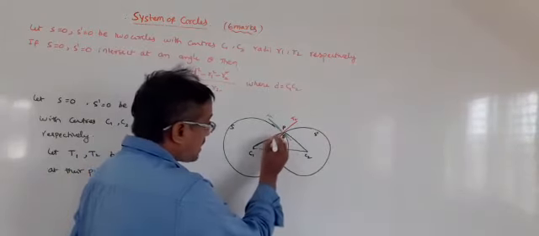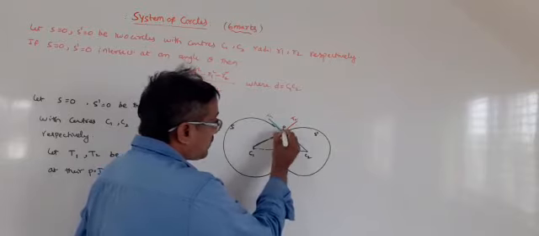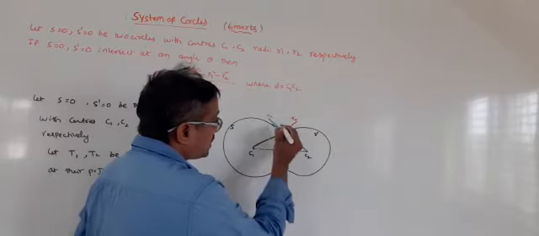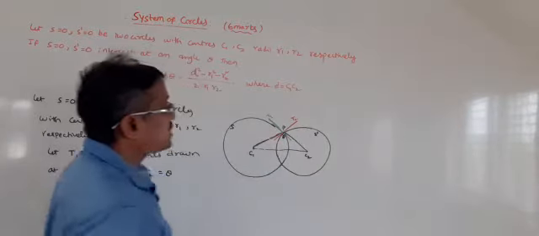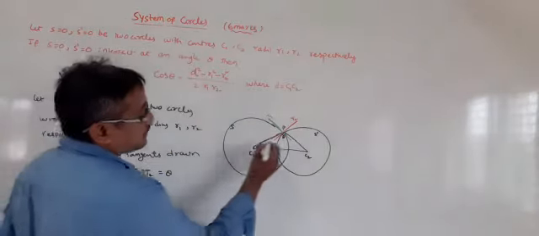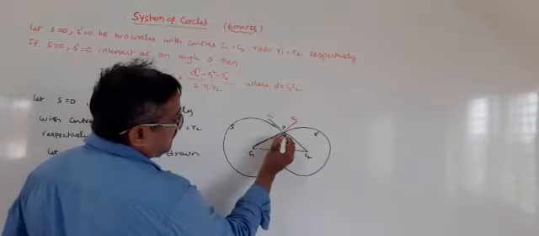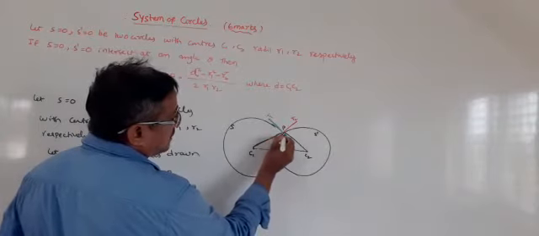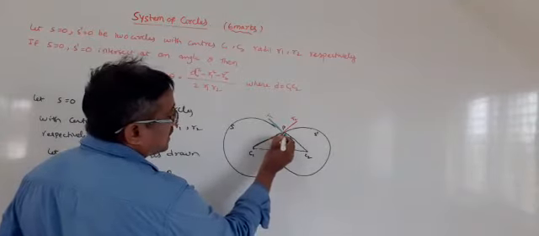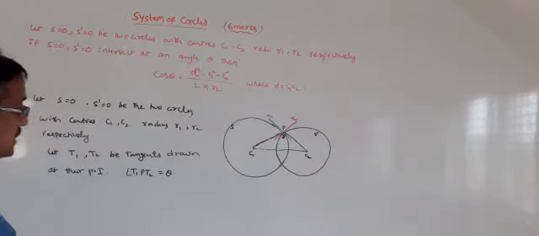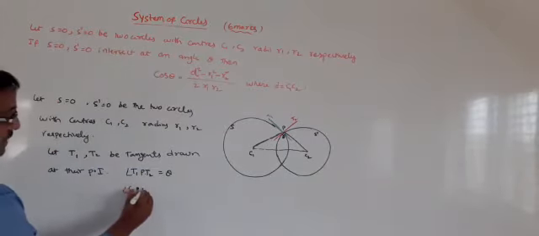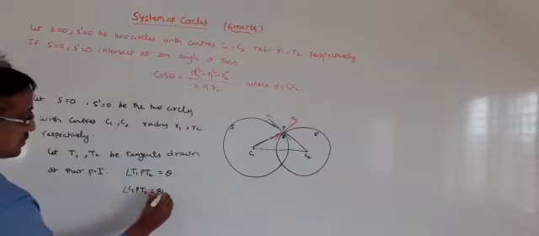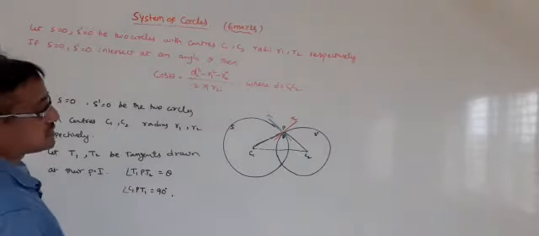This line is a normal drawn at the point P, which is the point of contact of the tangent T1. So the angle between tangent and normal will be 90 degrees. So you can write angle C1PT1 = 90 degrees.